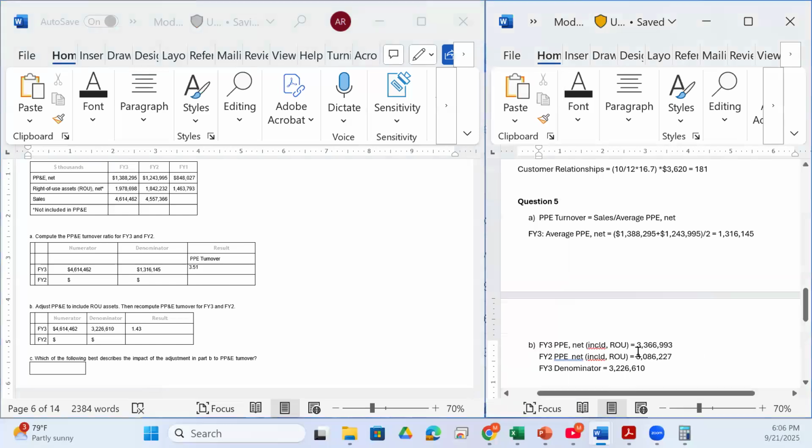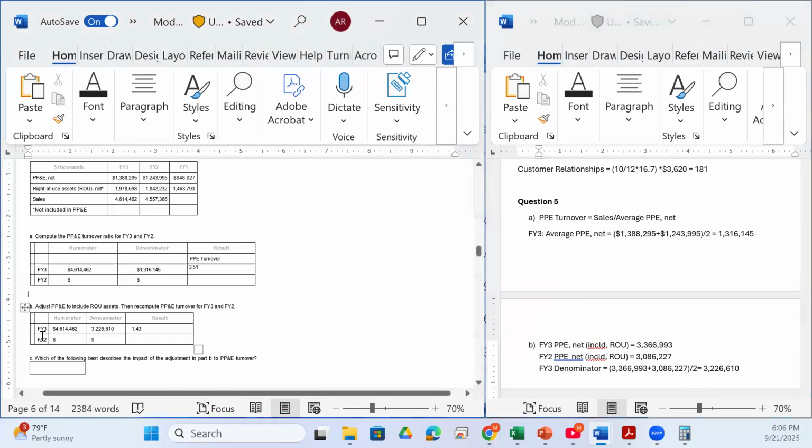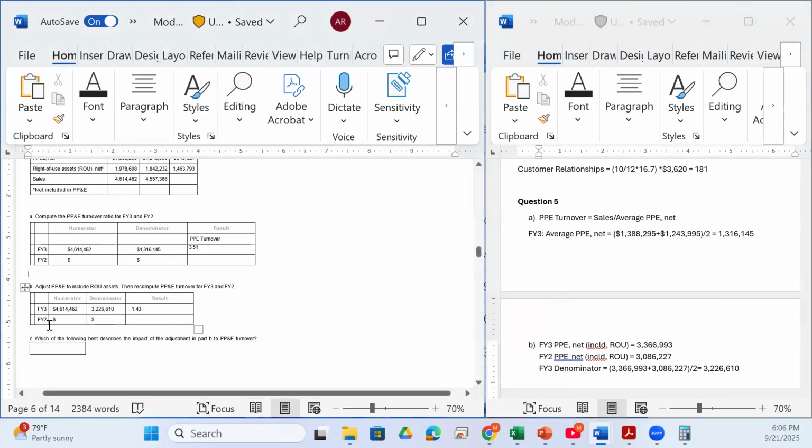Again, this is the average of these two numbers. If you follow the same process, you'll be able to calculate the same numbers for fiscal year 2.